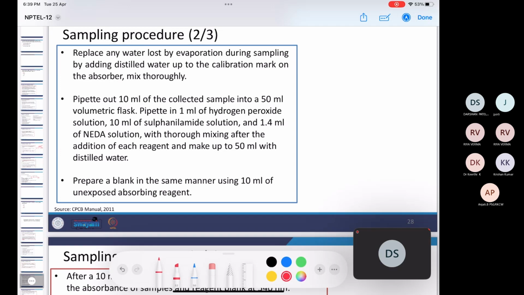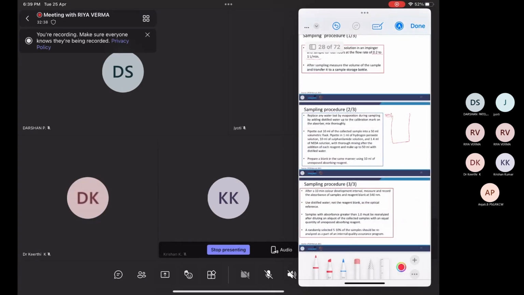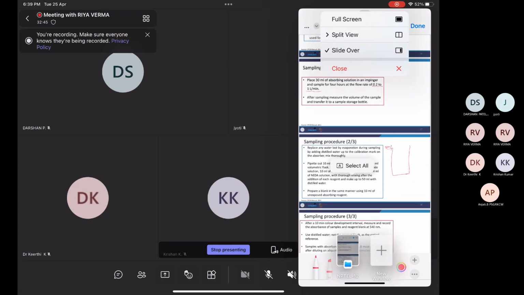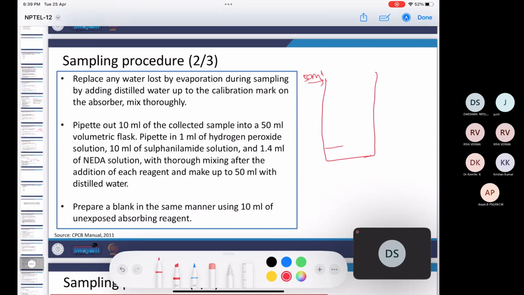Once the sample is prepared, we have a 50 ml volumetric flask, and we pipette out 10 ml of this sample into the 50 ml volumetric flask.